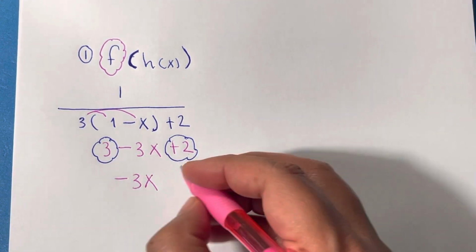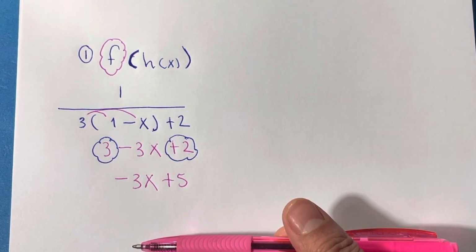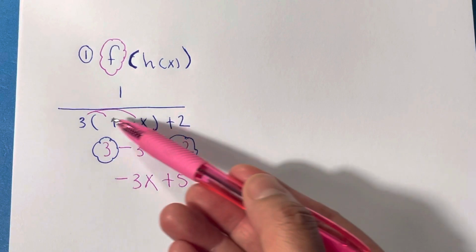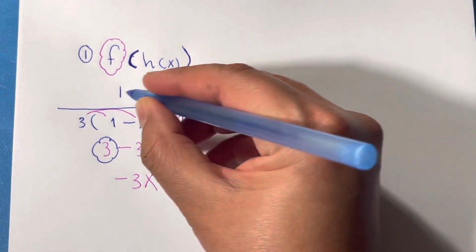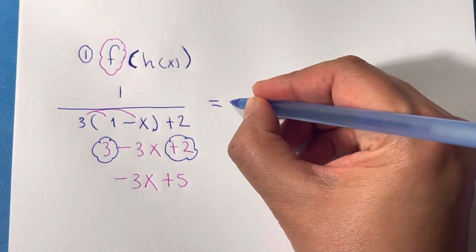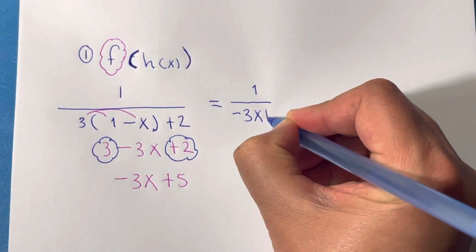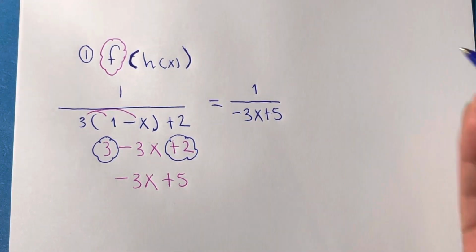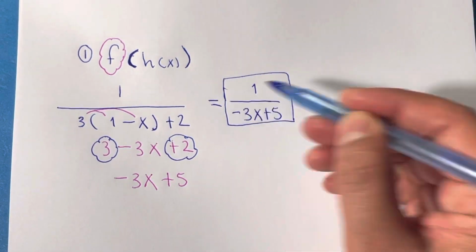Positive 3 and positive 2 is positive 5. So notice how I'm just simplifying everything that is in the denominator. But then we need to rewrite it. We bring over the 1 and we have negative 3x plus 5. From there we cannot do anything else, so that's going to be our simplified answer.